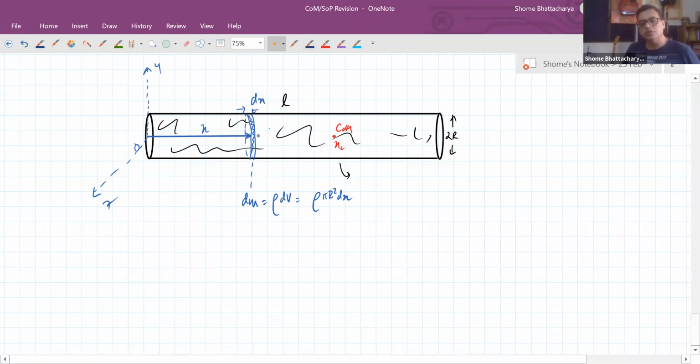So the x coordinate of the center of mass will come from this formula, integration of x dm divided by the total mass, or integration of x dm divided by integration of dm.